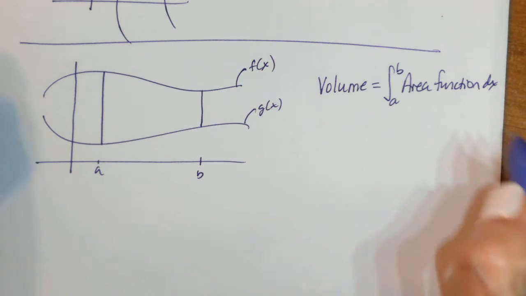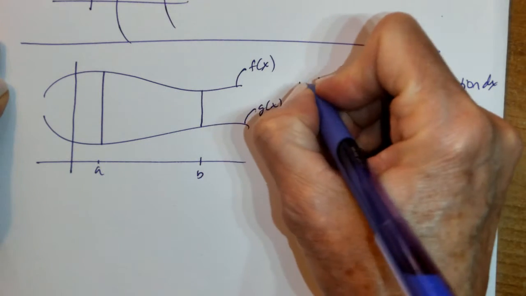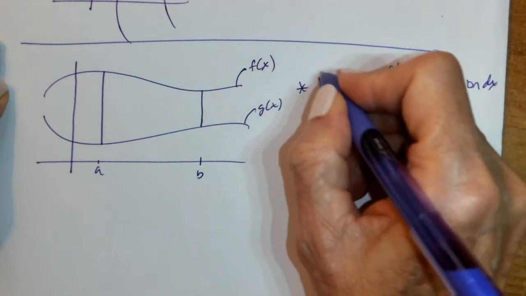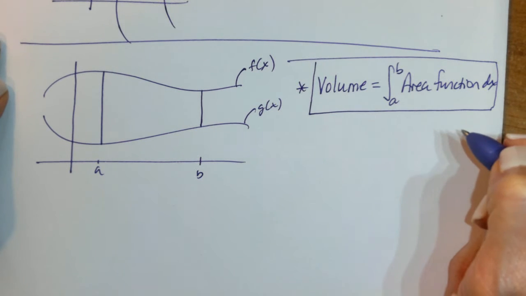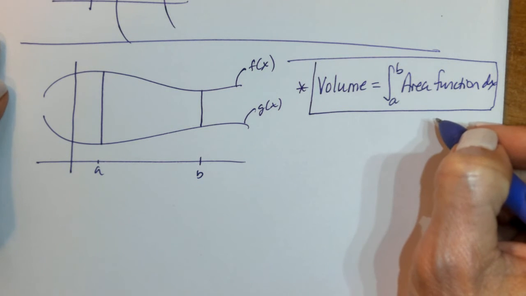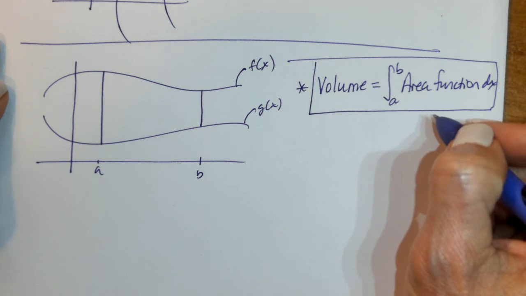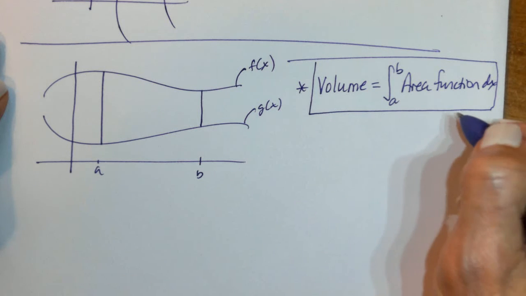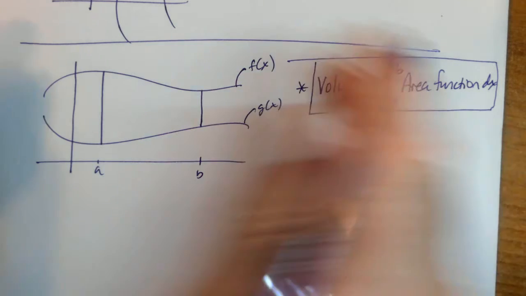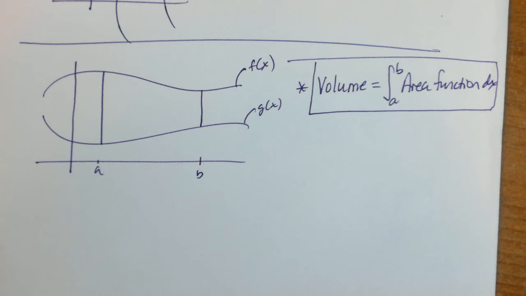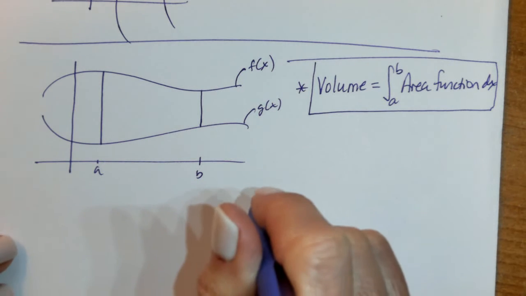If you have a question dealing with volume, that's your go-to. That will lead you in the right direction, especially in a more confusing problem. We had one on the 2018 exam. So that's your go-to formula for that.